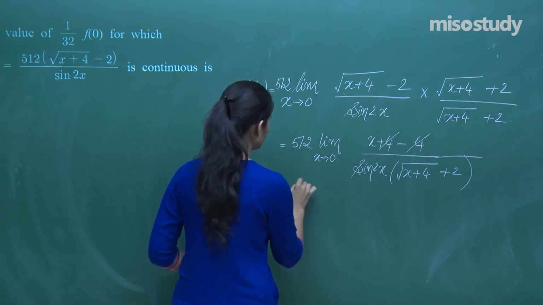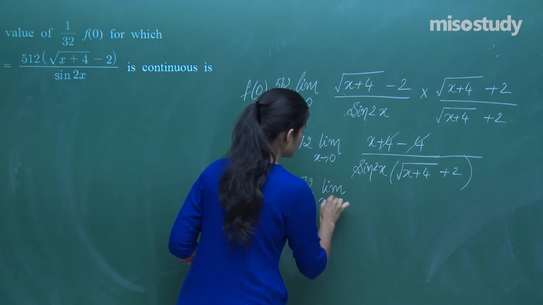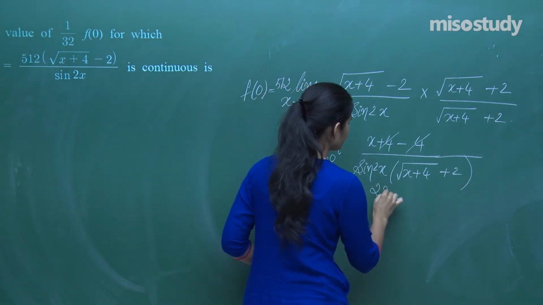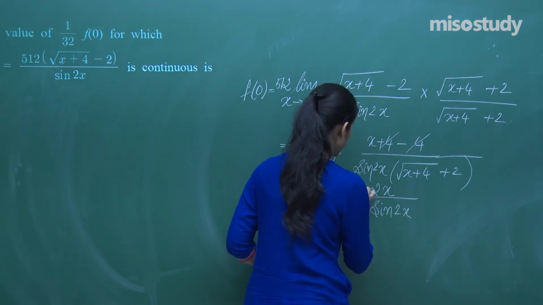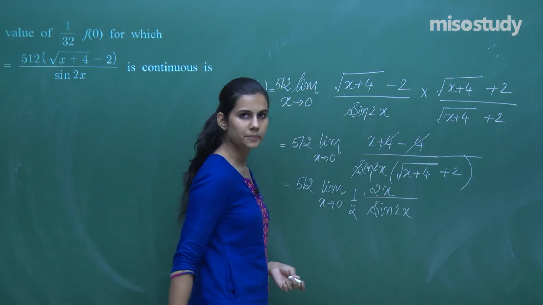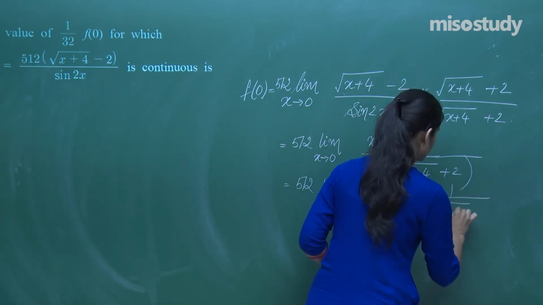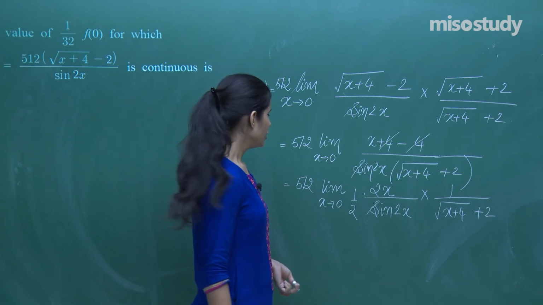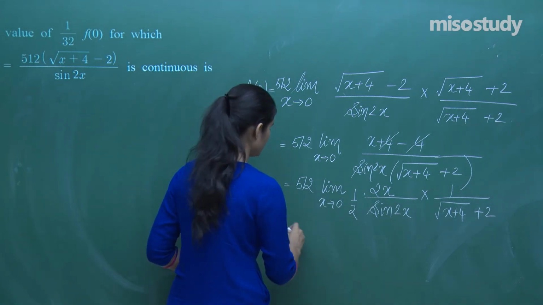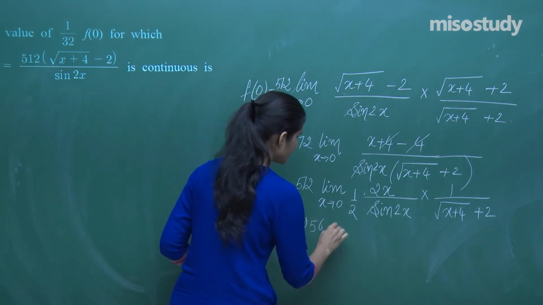Right. So what you do is 512 limit x tends to 0, let's make it 2x upon sine 2x, and here you have 1 by 2 into 1 upon root over x plus 4 plus 2. So you basically get 256, I've cancelled this out.